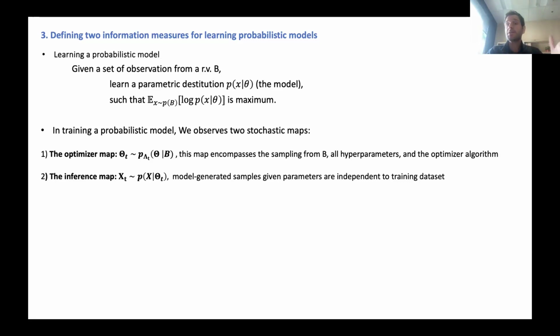And if you run this training strategy on an ensemble of computers, at the end of n steps of training, each computer is going to show different final parameters because of the stochasticity of the training process. That means your training algorithm, which I call the optimizer map, is a stochastic map. Given the random variable B and whatever your strategy to train this model is, you are going to get a stochastic variable theta, which is your parameter after T steps of training.